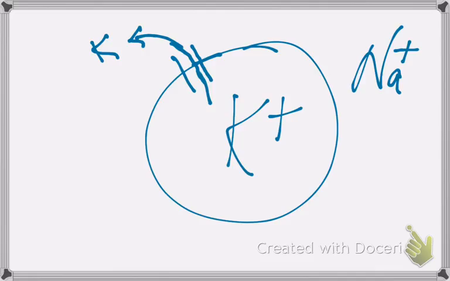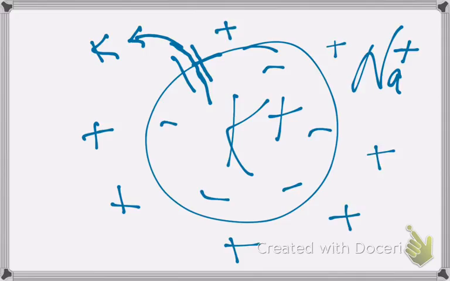No, this channel is just for potassium. So what will that do to the charge? It was already positive on the outside and negative on the inside, right? So what's that going to do to my charge? Isn't it going to make it more positive on the outside?